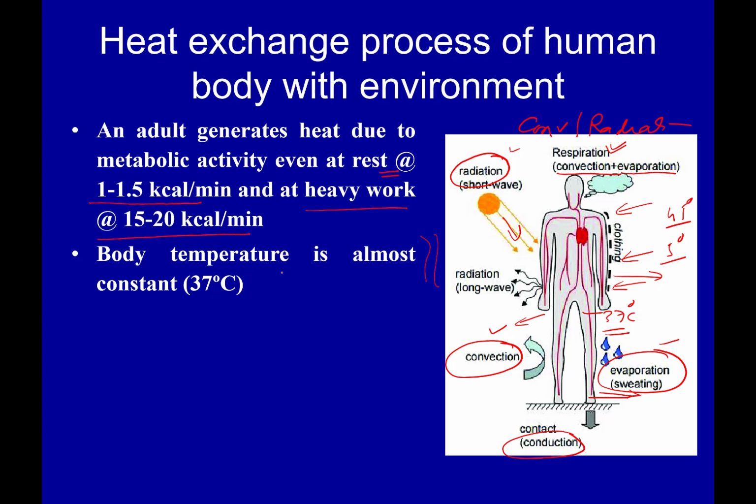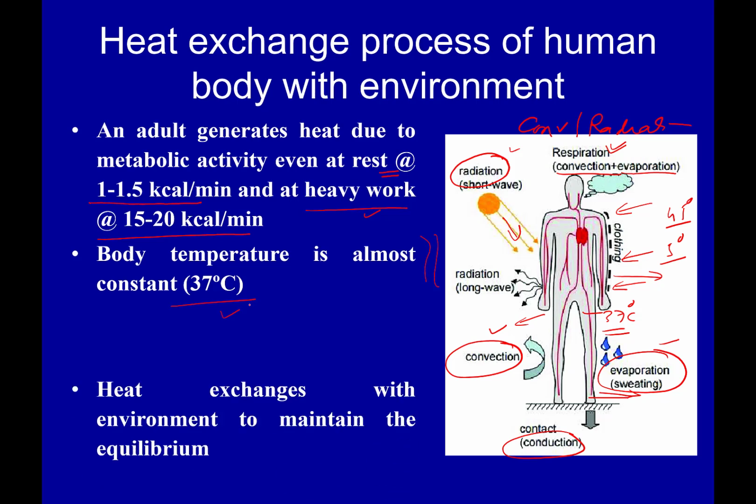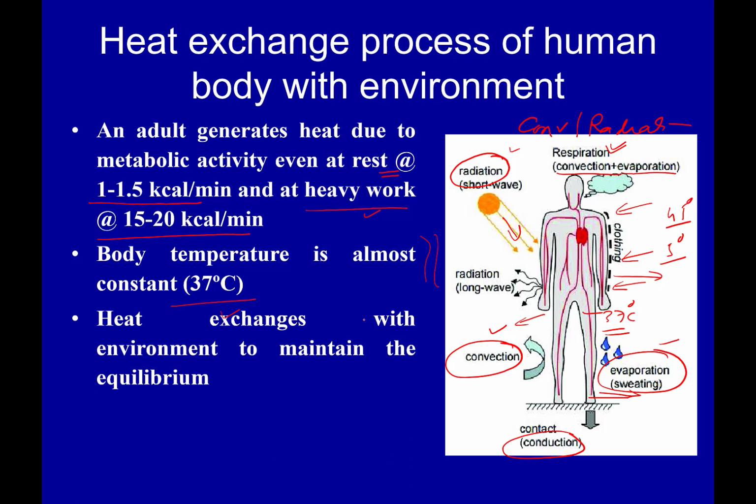So the heat is generated but the body temperature is constant. For a healthy man, body temperature is constant, so whatever heat is generated must be dissipated. So heat exchange from the body to the environment or from the environment to the body takes place to maintain the equilibrium so that the body temperature remains constant.